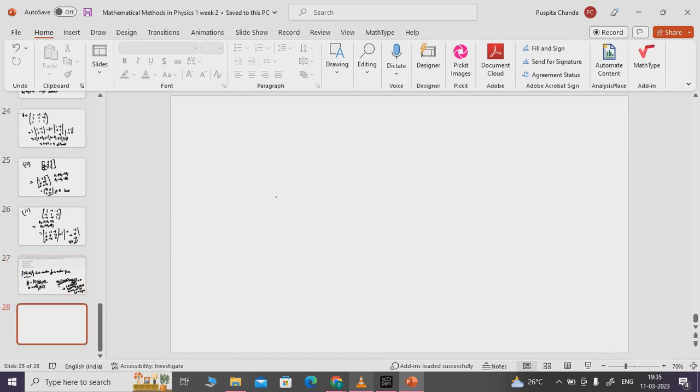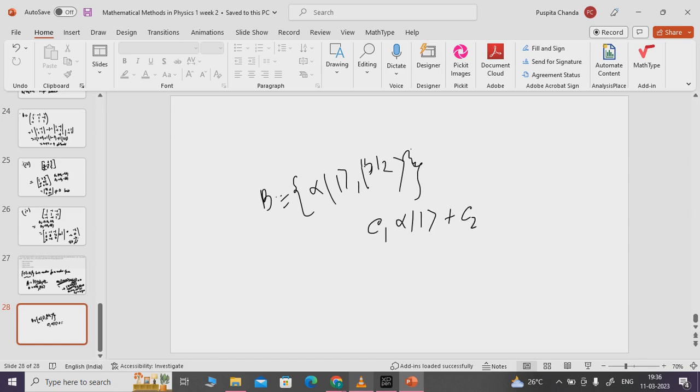Similarly, we have to check for B. So C1 alpha v1 plus C2 beta v2 has to be 0.